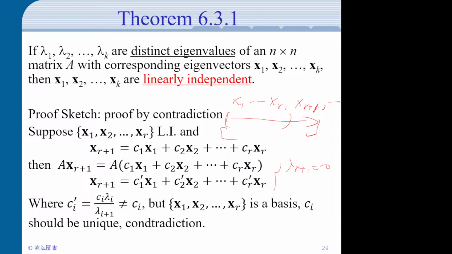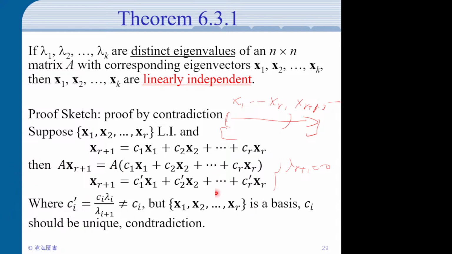If lambda r plus 1 equals 0, then that means this side is 0. But this side will not be 0 because we say all the lambdas are distinct, so all the lambda 1 plus 2 lambda are not 0. And so you get non-zero coefficients of those things adding up to 0, and that's a contradiction because they are linearly independent. You cannot have a non-zero coefficient adding up to 0.